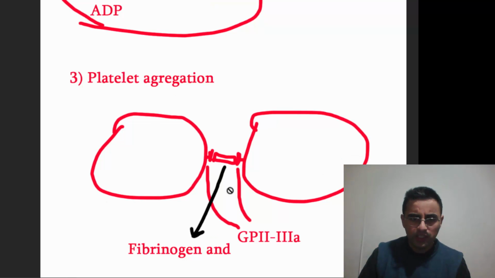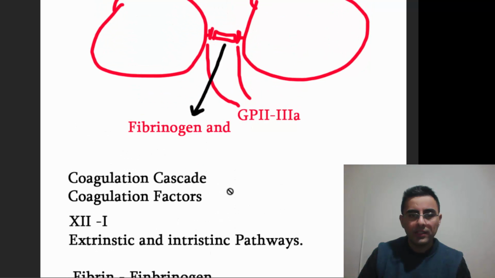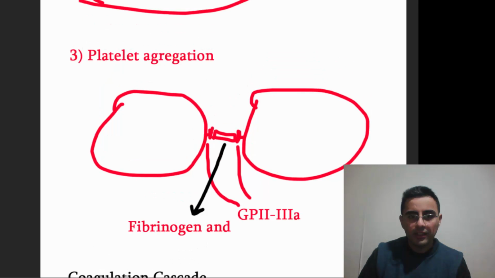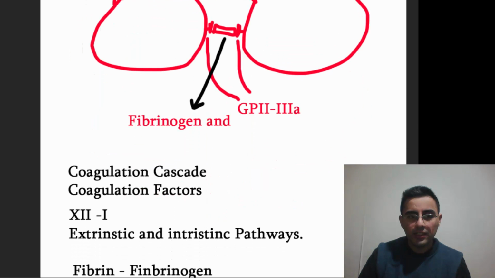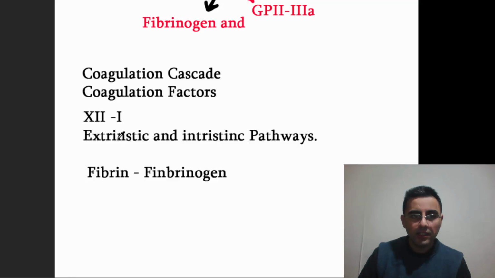For this connection, glycoprotein 2,3A and fibrinogen are needed. And to strengthen this sticking and aggregation, fibrin is needed. And to get fibrin, we need the coagulation cascade.